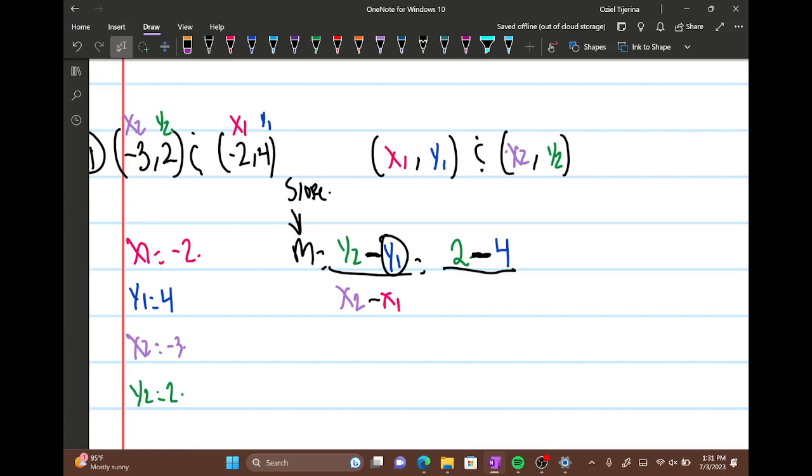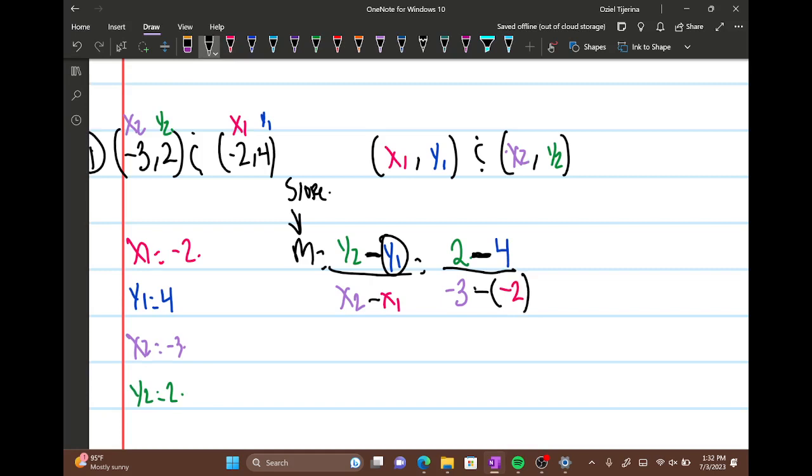Over x2, -3, minus -2. So right here, x2 was negative, and x1 is negative as well. So I'm going to put minus and then -2, just like I was saying a minute ago.